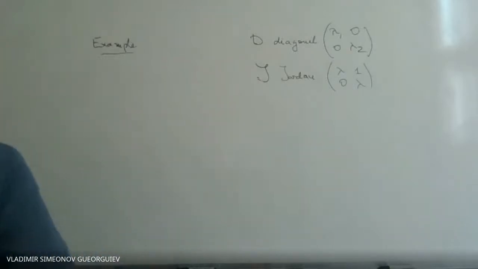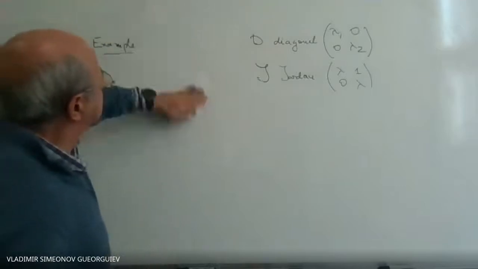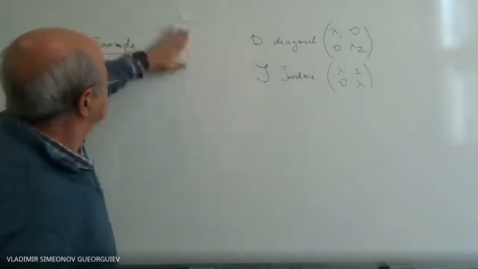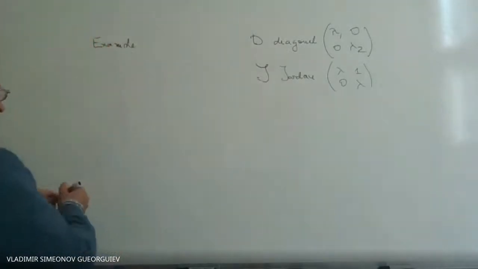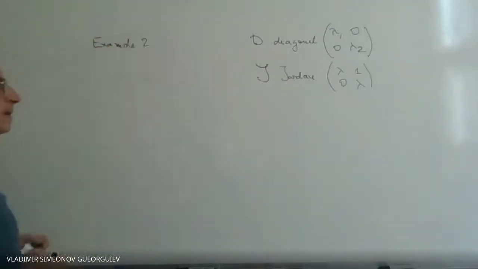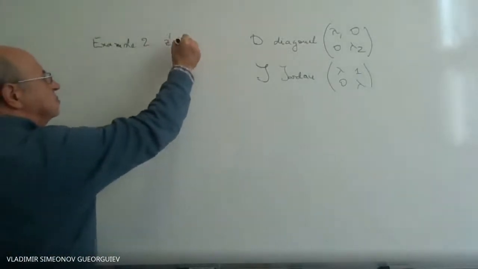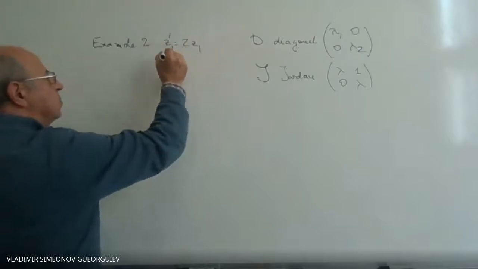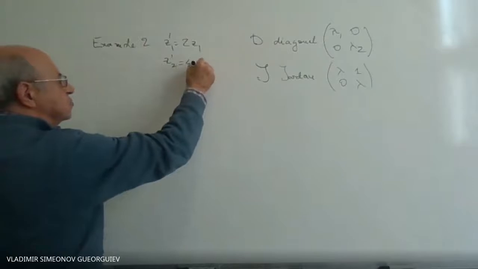This is example 2. Let us take Z1 prime equal to 2Z1, Z2 prime equal to 4Z2.